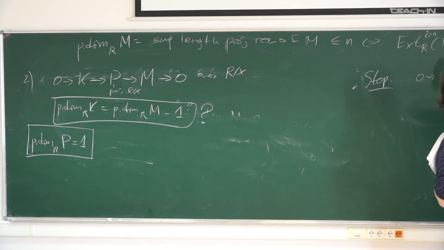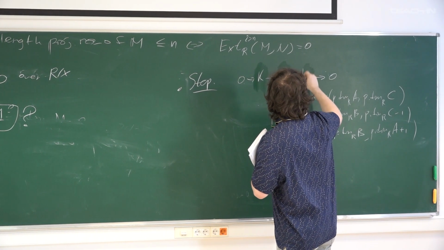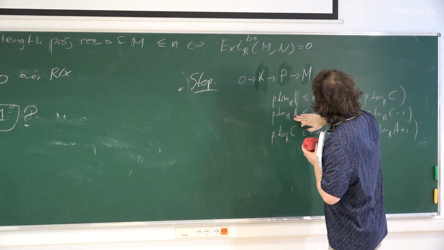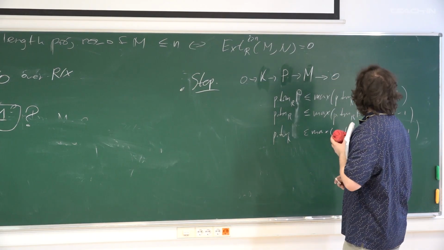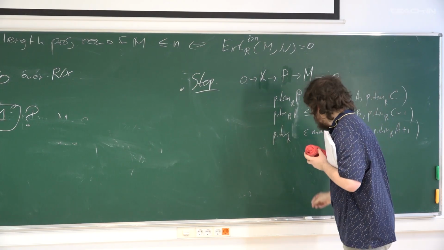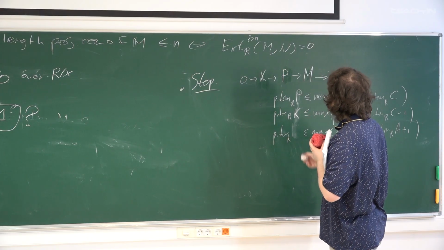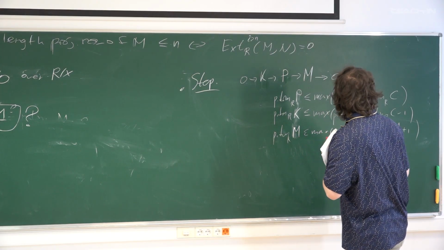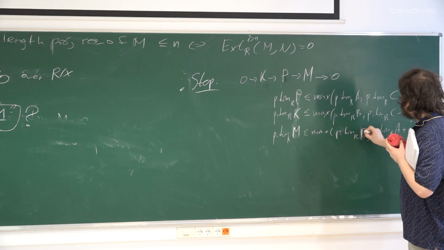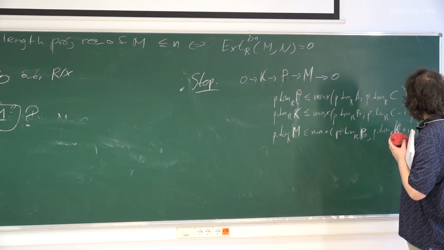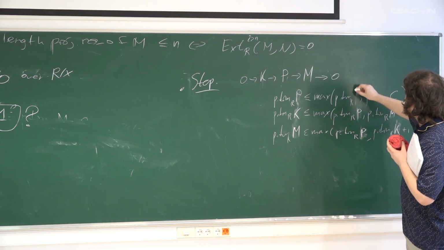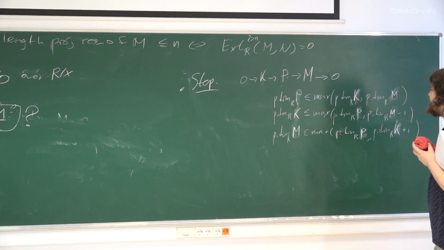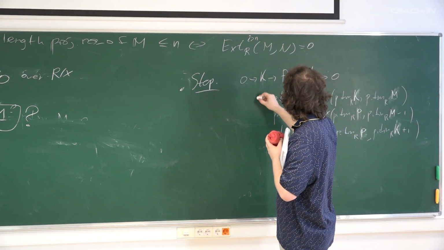Now consider this short exact sequence over R, and we have P, K, M. This is P, K, M, P, K, M. This is unit.